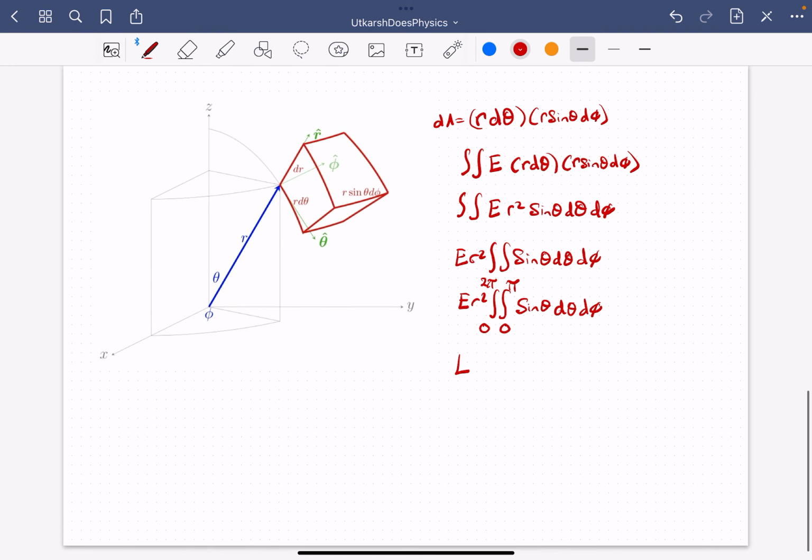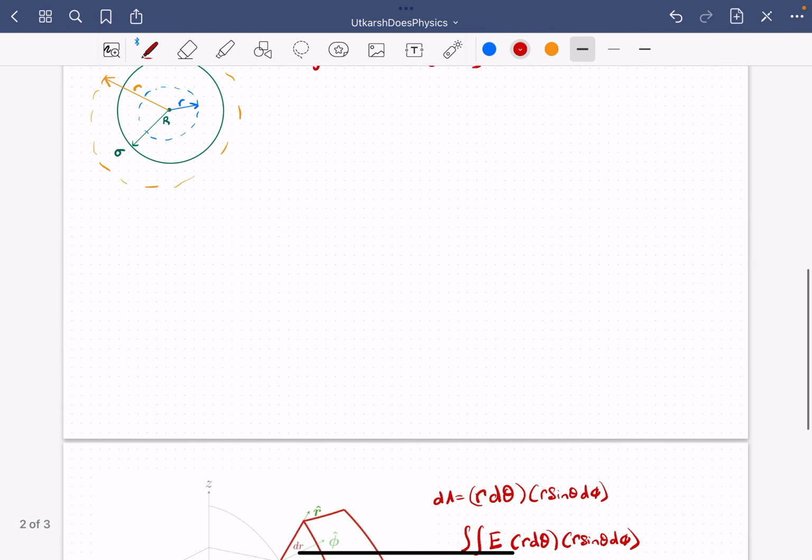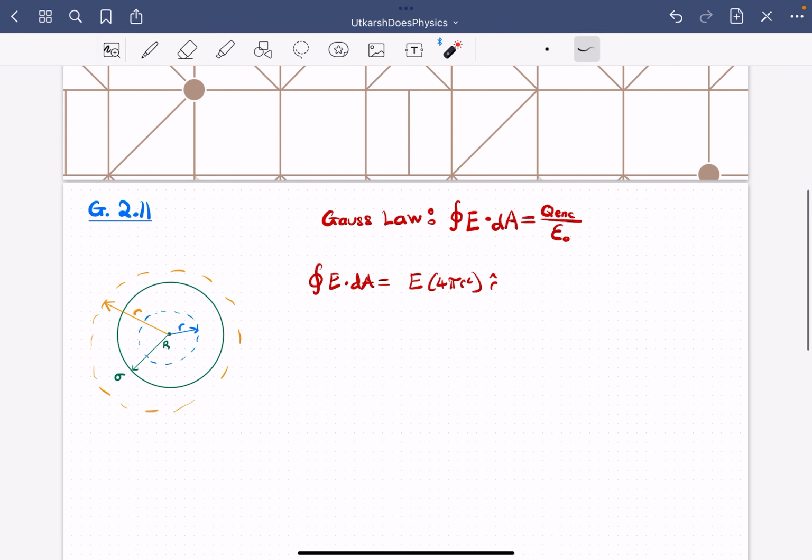So if you just do this integral, you get E r squared times 2 pi from the phi integral, and 2 from the sine theta integral, and that gives us E times 4 pi r squared. And once again, because we're working in the r hat direction, we get r hat. Great. So we've computed the value of E dot dA.